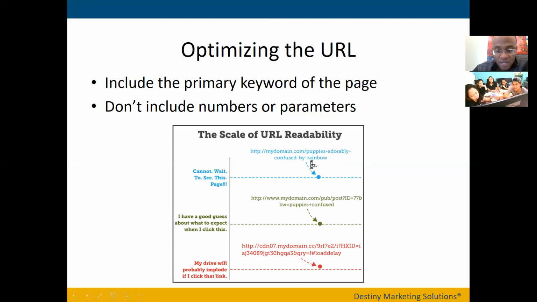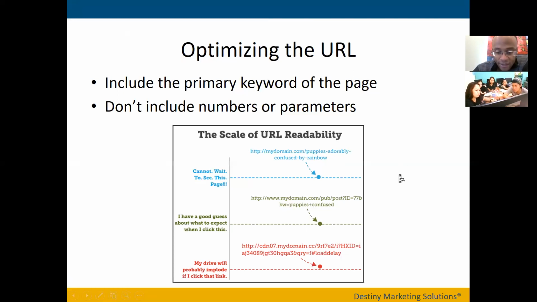I'm not sure what the keyword is, but it's probably something to do with puppies. The second example, they're using the keyword puppies, but they also have some numbers in here, these little question marks, equal signs. So a lot of parameters that aren't really helpful when you're trying to figure out what the page is about.